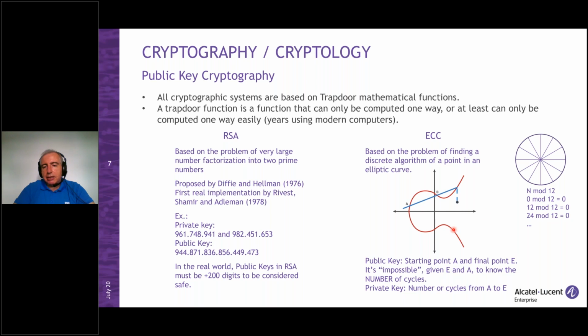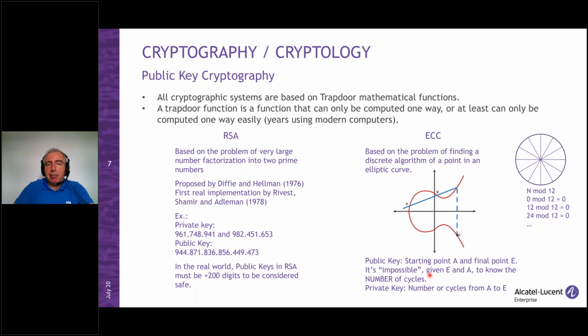I reach this one, and then I draw a line there, and then I get this point, and then I flip, and then draw another line, get this point, I flip. So I do, for instance, 2,000 or 3,000 flips, or whatever number of flips, of cycles of calculating this way, and at the end I get the starting point A and the ending point E.